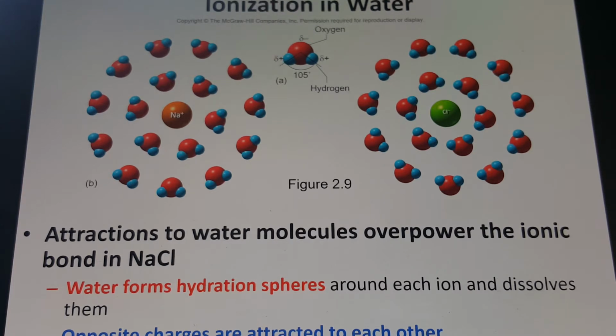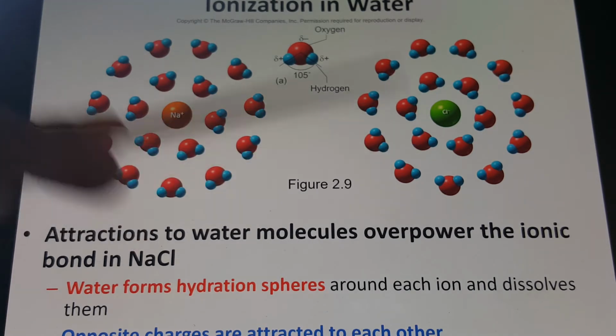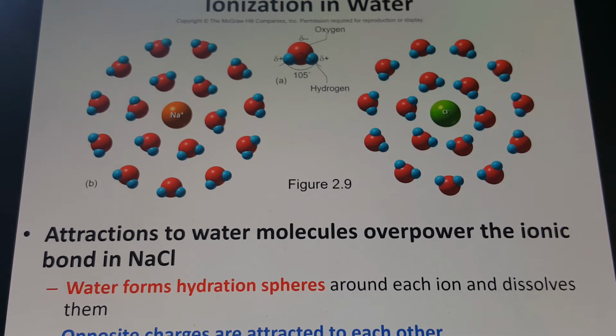Our hydrogen ends are going to be slightly more positive. So for our sodium, which is positively charged itself, the negatively charged oxygen ends are attracted to it, which means that it's going to point toward that positively charged sodium ion. This way you have essentially a breaking apart of our sodium and our chloride. So that's how they ionize, or how they break apart in water.